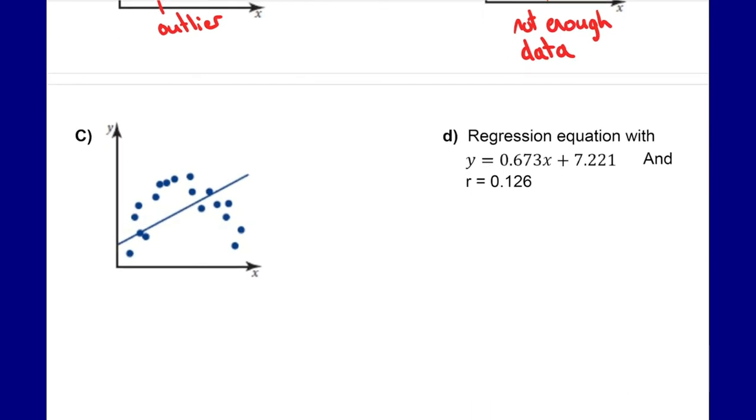For C, we have our line of best fit. However, looking at the actual data points, the data doesn't really seem to follow a linear pattern. It seems to follow something that's more quadratic. So if we have data that follows a different type of function or a different type of relationship, we can't always use a linear regression or a line of best fit.